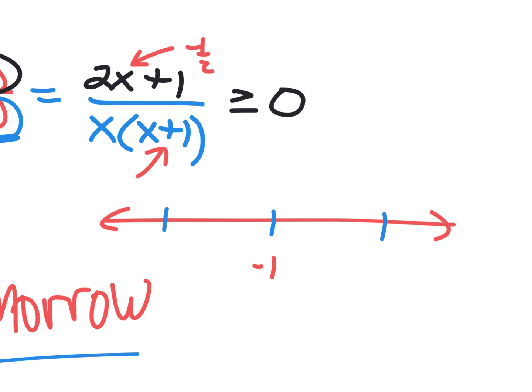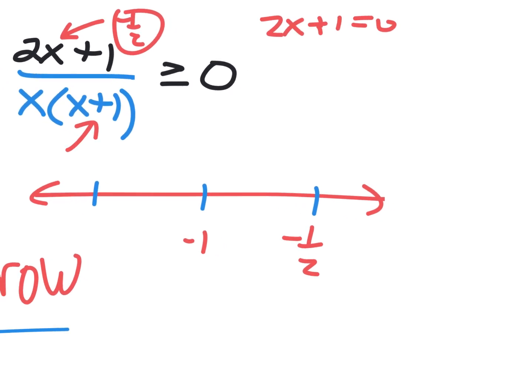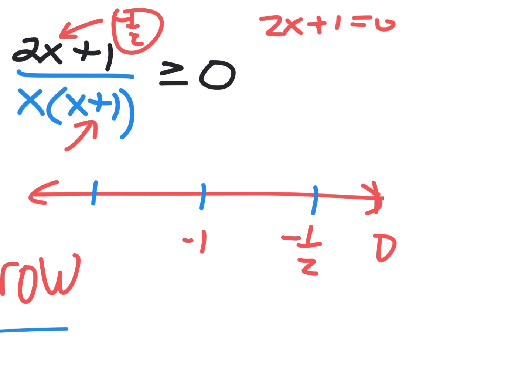If you don't know how he got that, he did 2x plus 1 equals 0, and he solved it. -1/2 is correct, and I'm going to put that like here. And then what's the other number? 0. I really should put that there then. And I'll just erase this one. Okay, so there's my 3 key spots.